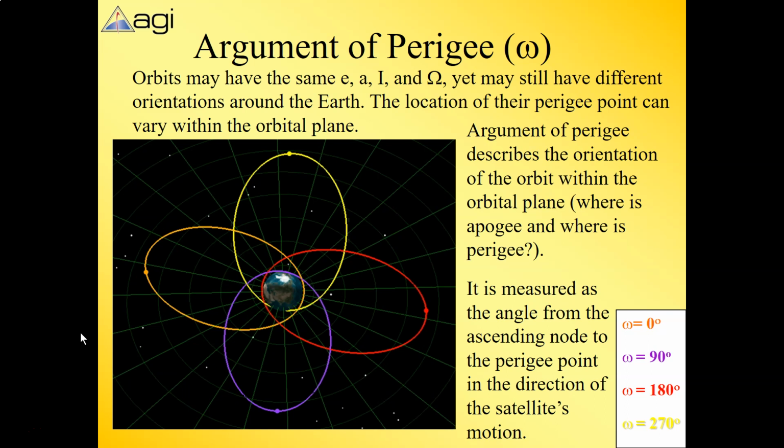The red and orange orbits are the easiest for us to observe here because they're opposite of each other, and the yellow and blue might be as well. With the orange orbit, the ascending node occurs at perigee. Hence the argument of perigee is 0 degrees.